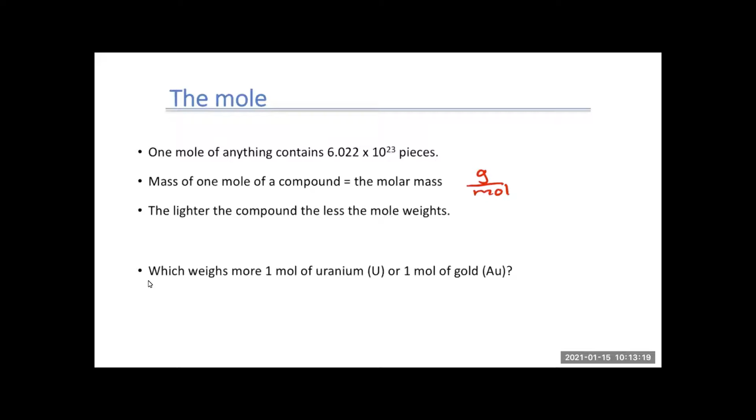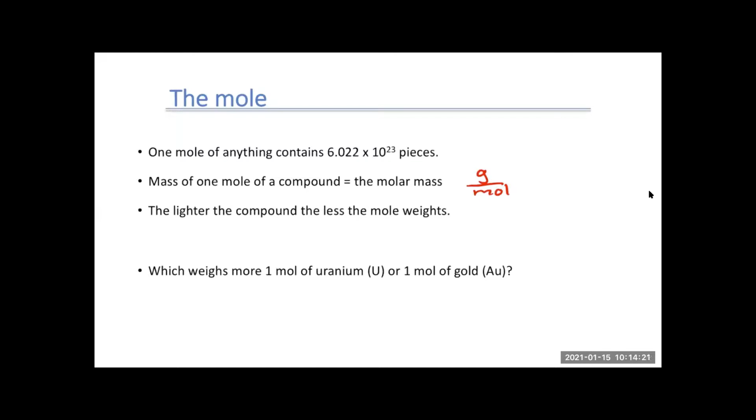So let's think about this. Which one weighs more, 1 mole of uranium or 1 mole of gold? You may be telling yourself, I have no clue. I don't know how much a mole of either one weighs. How can I figure it out? Well, the periodic table is our friend here.